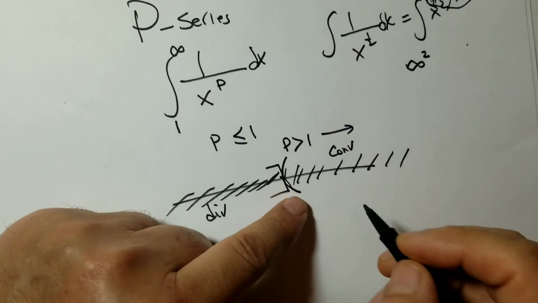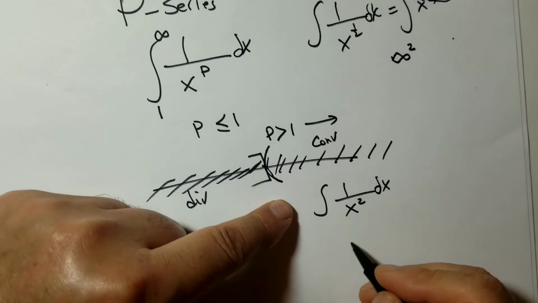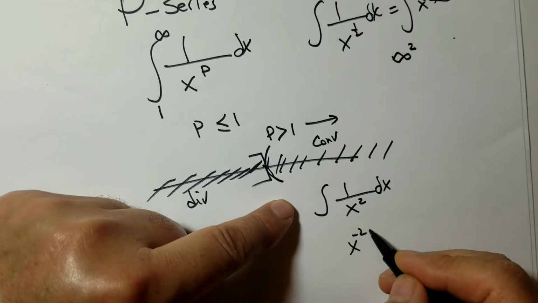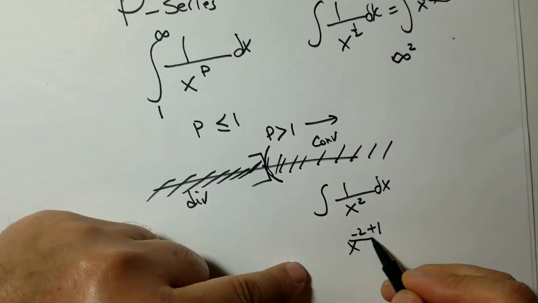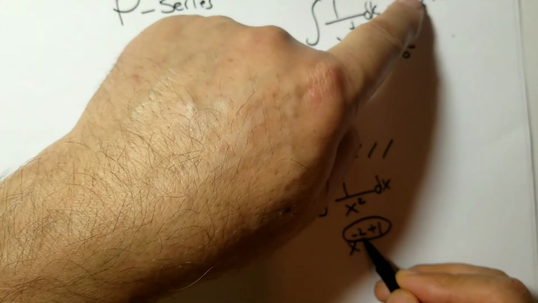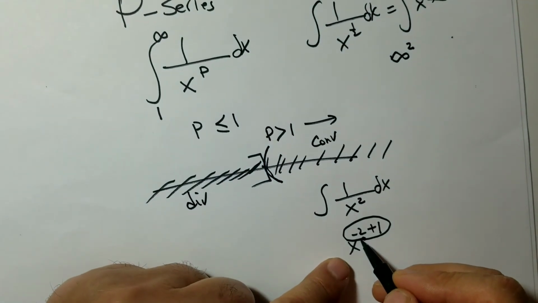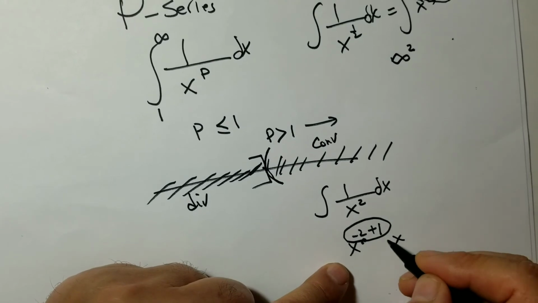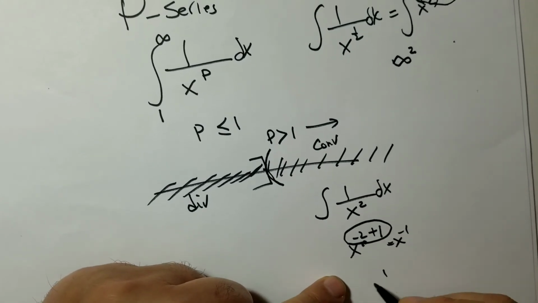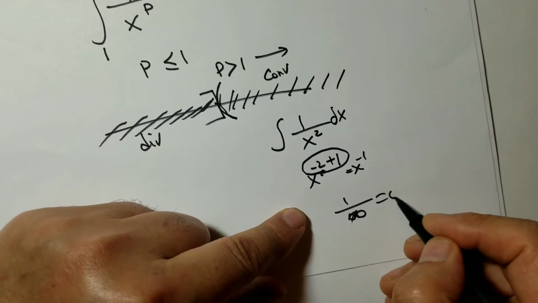But here, your exponent is greater than 1. When you add 1 to it, it stays negative, so you bring it down the stairs, and when you replace infinity for it, it becomes 0.